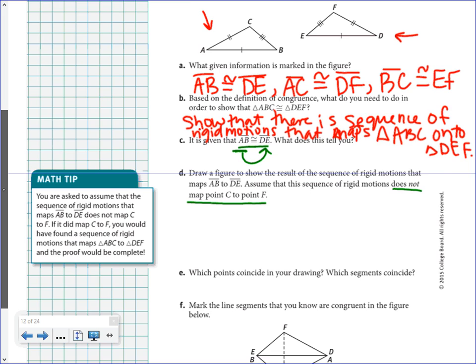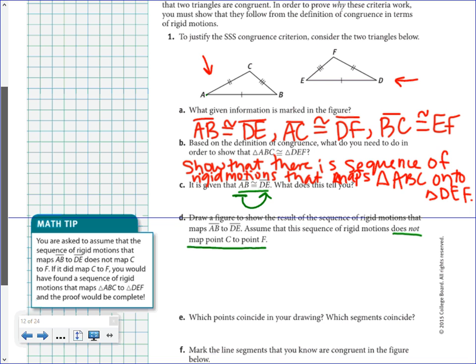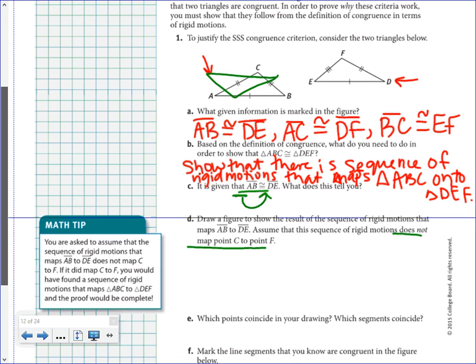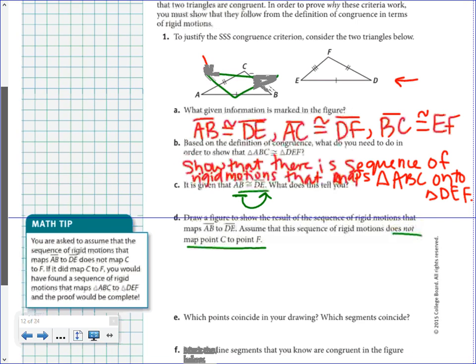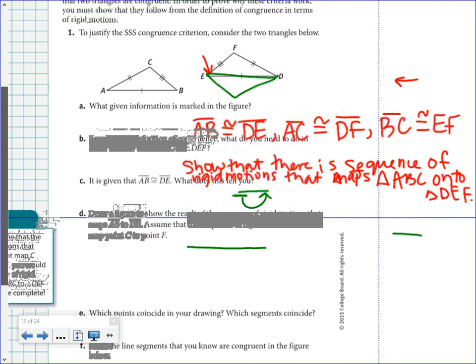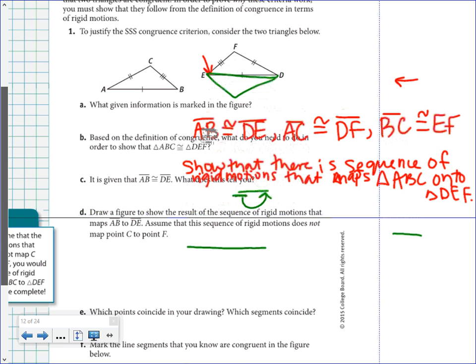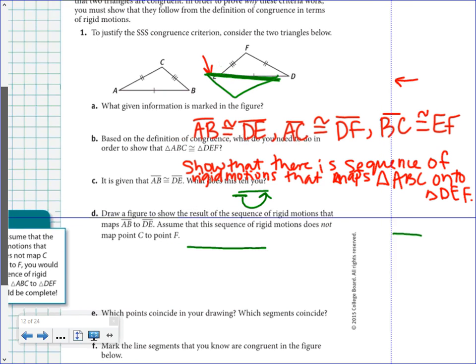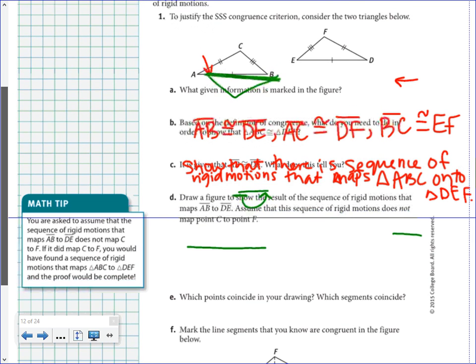And so what you're going to basically do is take your triangle ABC and rotate it, if I can get it to grab the green triangle, I'll just move it this way, so that it maps the triangles and shares side AB and DE here. And so we want to draw that figure.